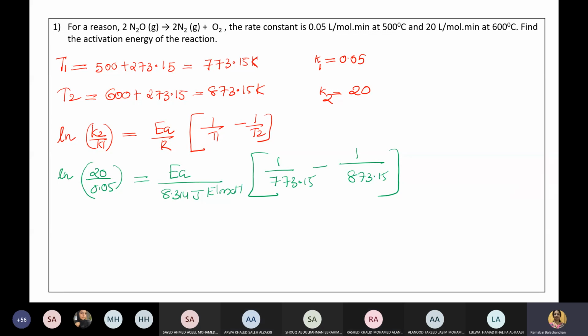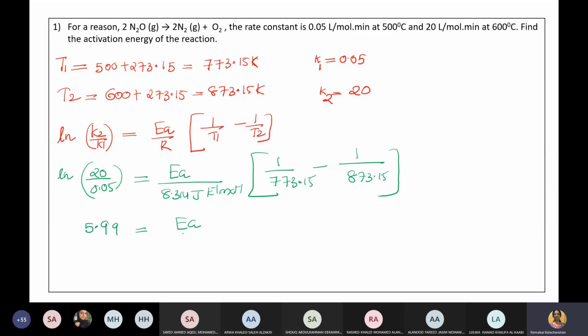Okay, so tell me the answer. ln of 20 over 0.05, the left side value, please tell me. It is 5.99. Two people check, okay?